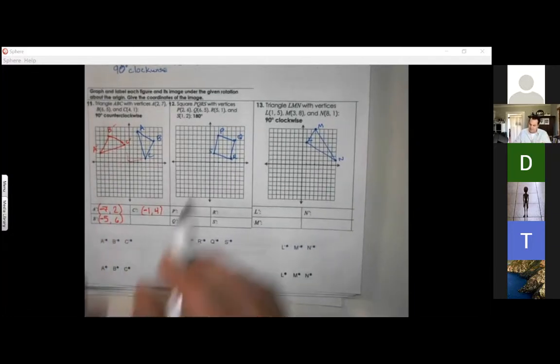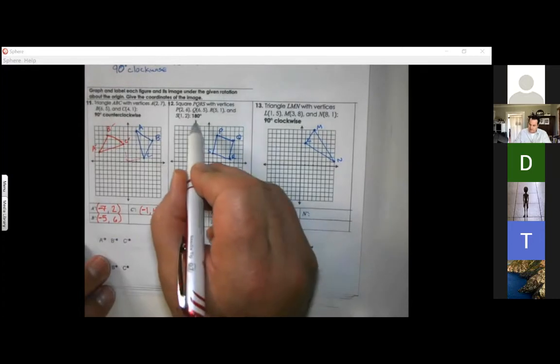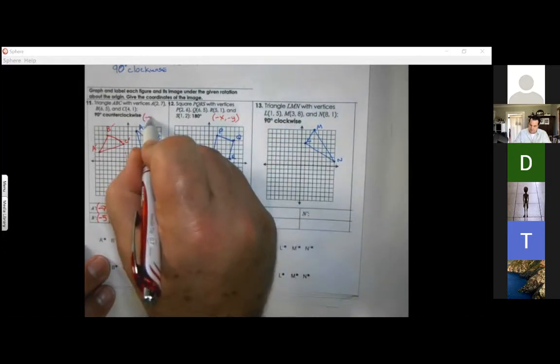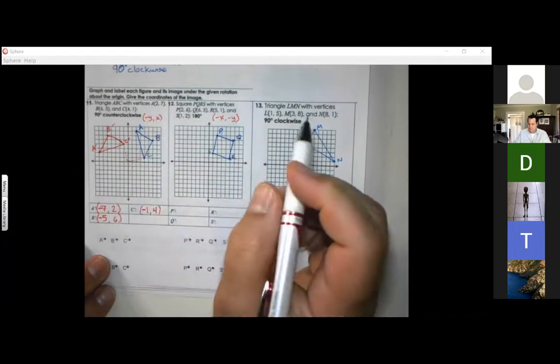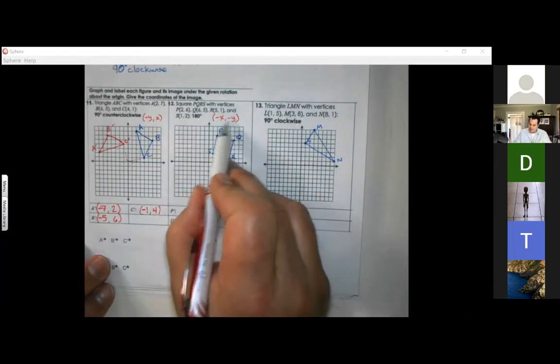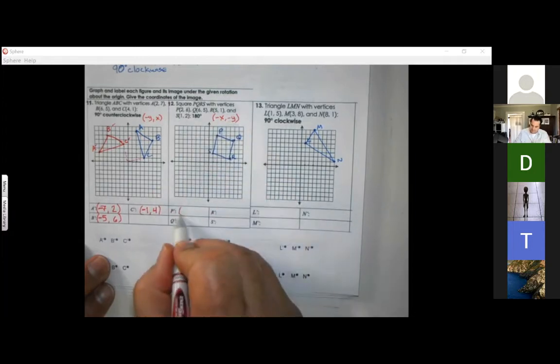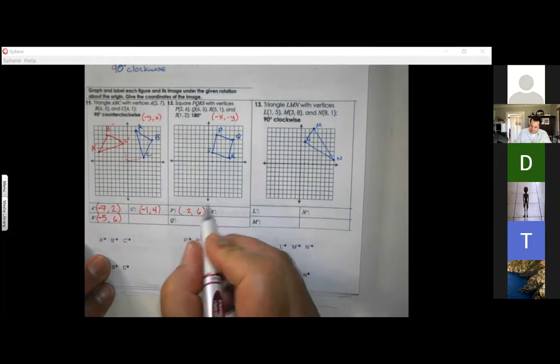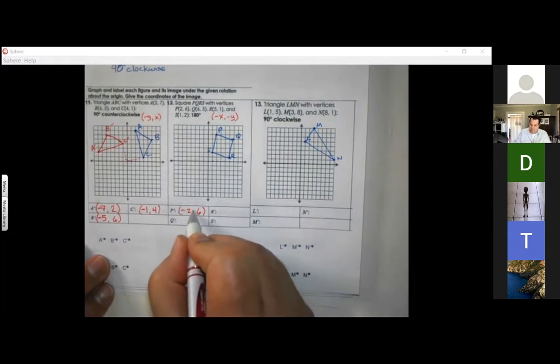Okay, so let's do the same thing here. Now we're doing 180 degrees. So that's the one where we're just going to get -x, -y. I guess it would have been helpful to write this here. So I'm going to take the point P and I leave them in the right places and I just make them negatives. So if the original was 2, 6, I'm just going to go -2, -6.